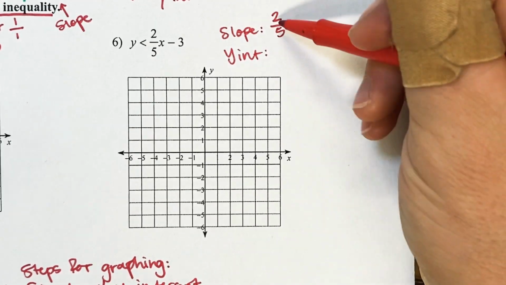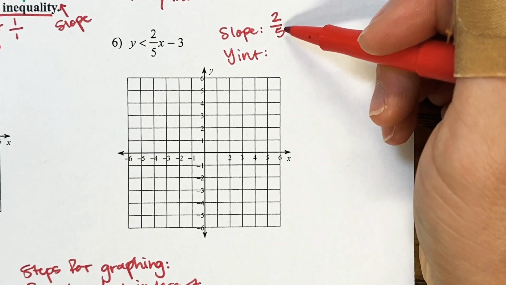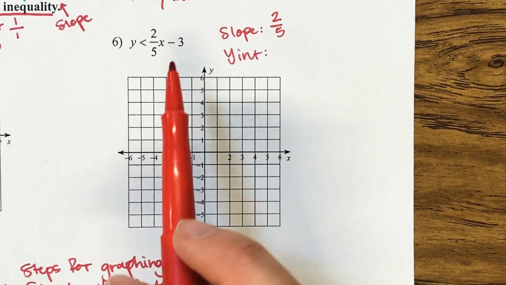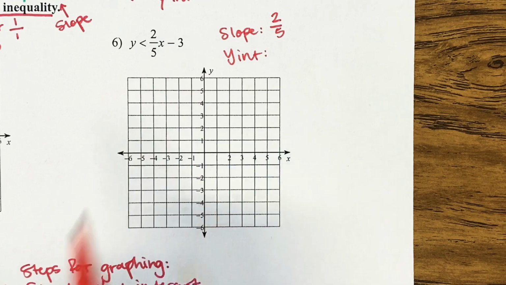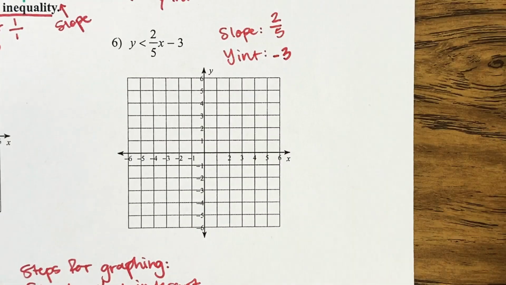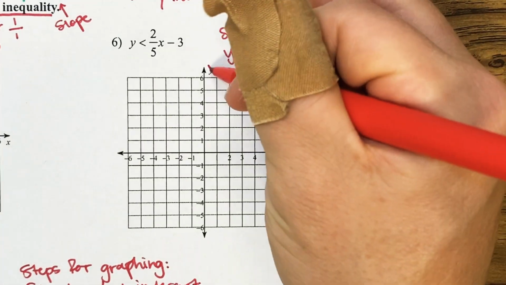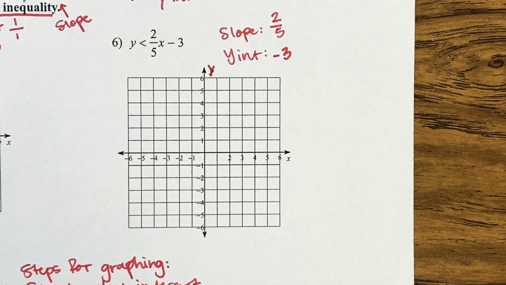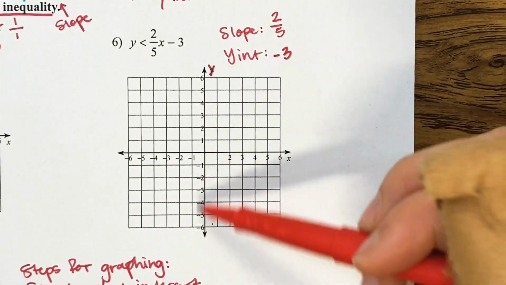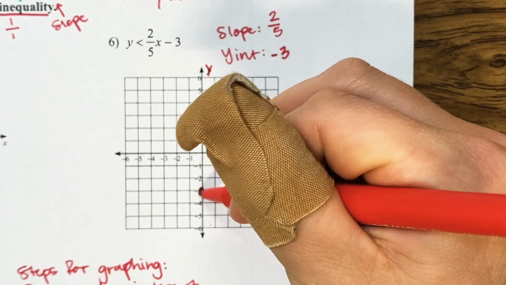And we don't even have to rewrite that as a fraction because it's already rise over run. Now, what is my y-intercept? What is the number that's hanging off the back? -3. So my starting point for the y-axis, I'm going to put my first point at -3 on my y-axis. That's going to be right there.